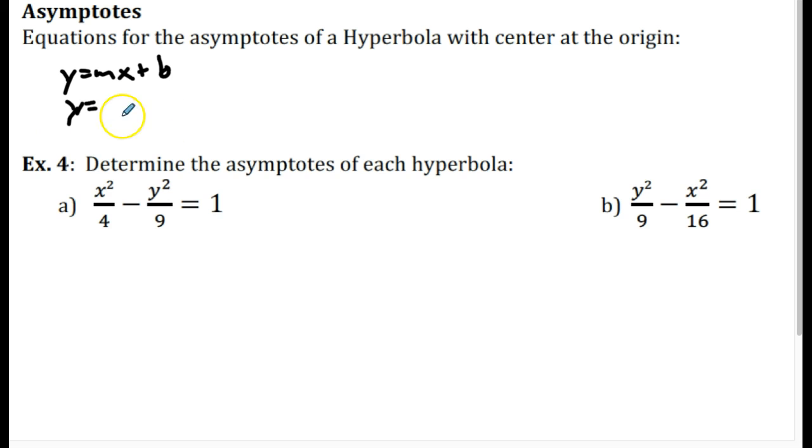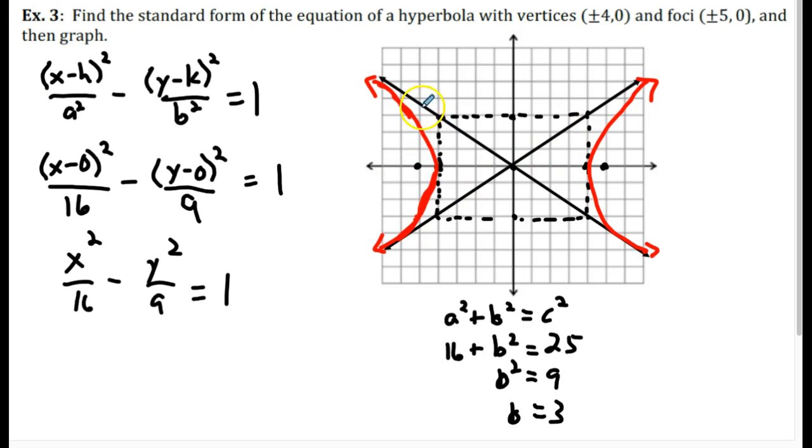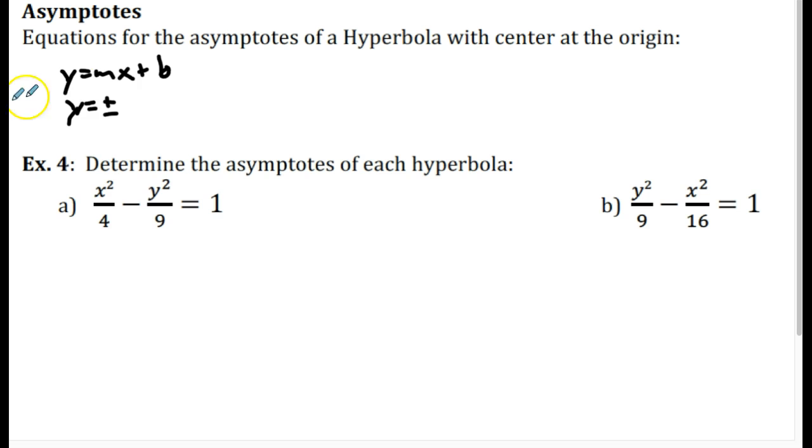Which ends up being just, if I'm thinking about both asymptotes, the slope of one of them is positive, the slope of the other is negative. So it's just going to be the square root of whatever the y value is over the square root of whatever the x value is. So usually we would write that as y is, underneath y is the b, and underneath x is the a value. All right.